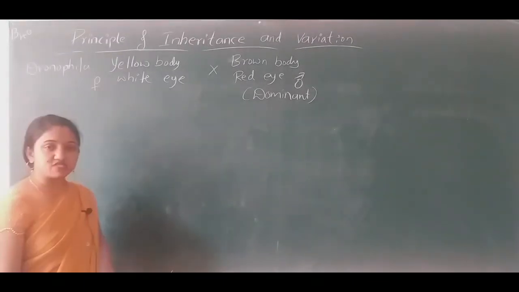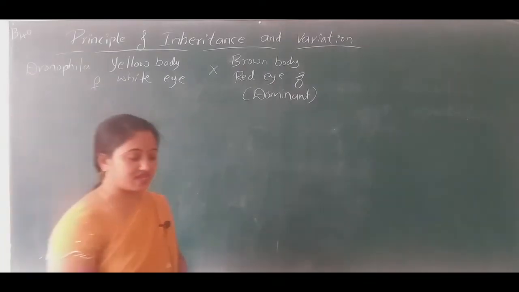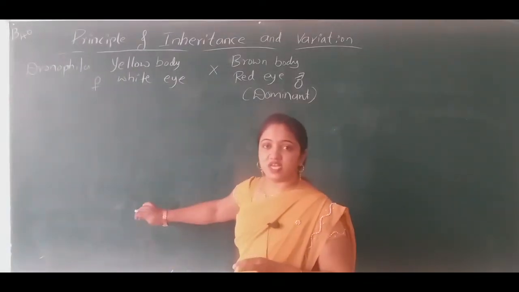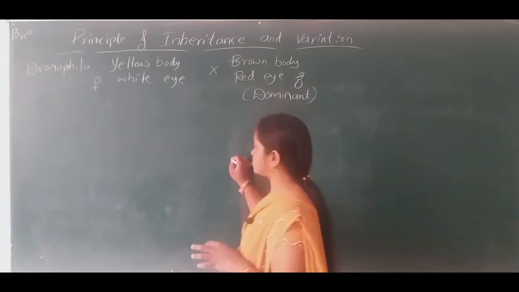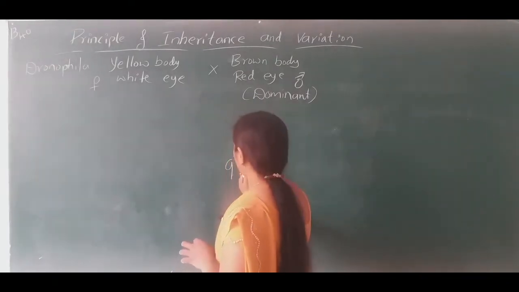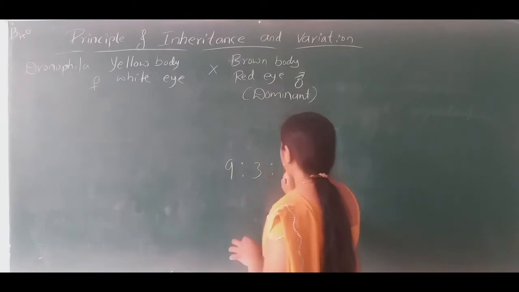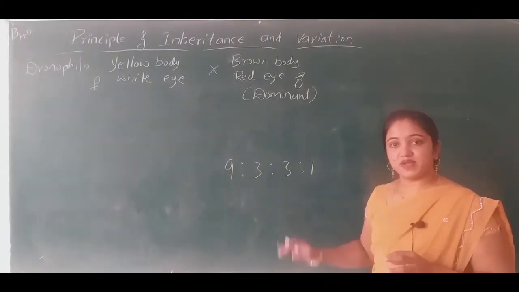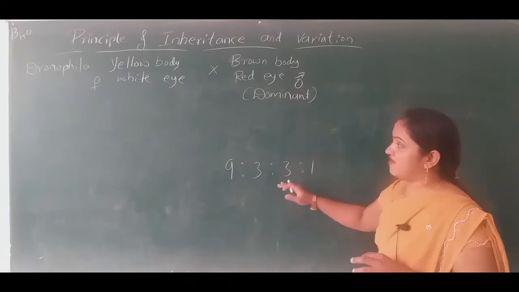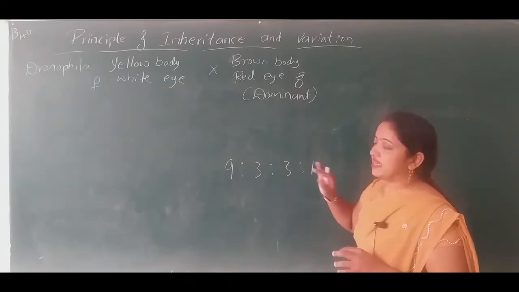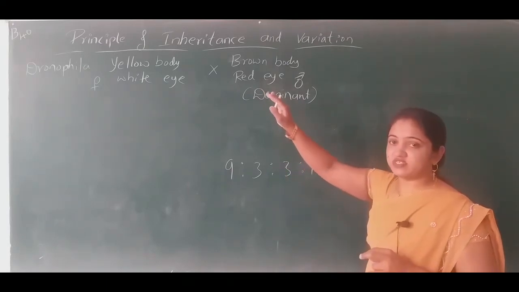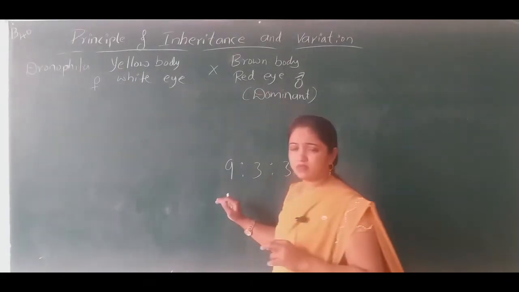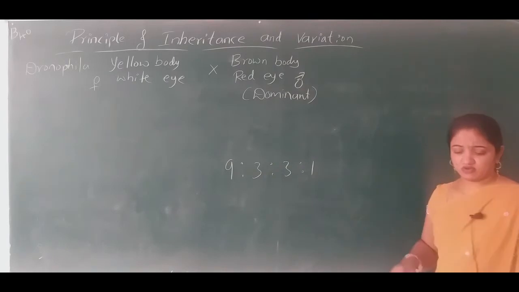According to Mendel's principle, when we take two characters, in the F2 generation we have to get the 9:3:3:1 ratio. But the result differs far from the Mendelian principle. In the F2 generation, we won't get this ratio. We'll find out how.